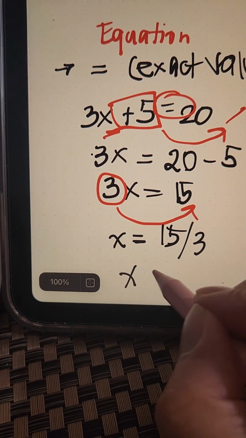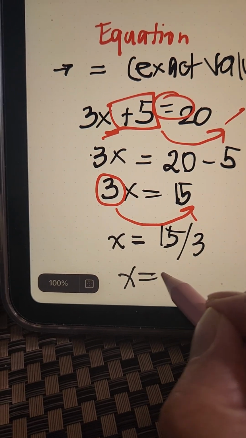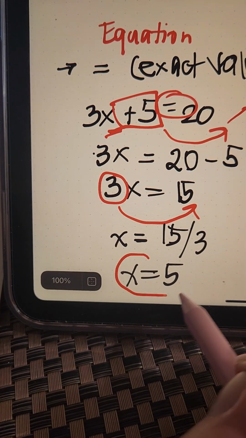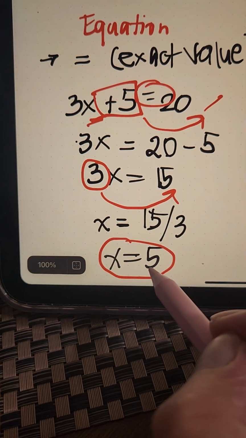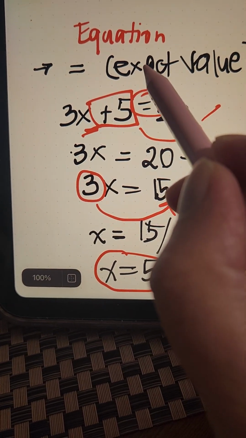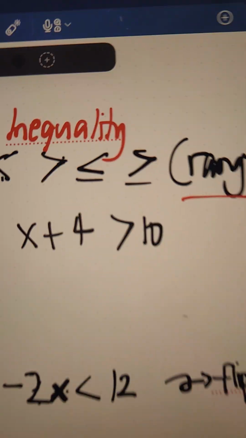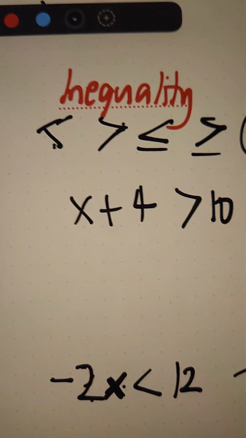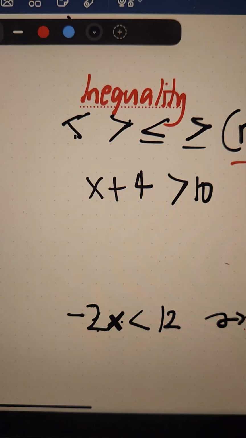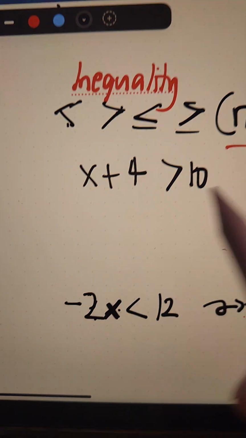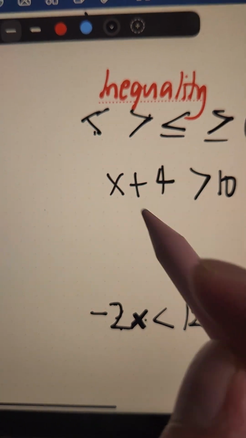And we know 15 divided by 3 is equal to 5. So now you get the answer. We solved the equation. So x is equal to 5. So you notice it's just one value, exactly 5. Whereas when it's an inequality that we are solving, it's basically the same, no? Like solving an equation. So we move numbers until only the letter remains.